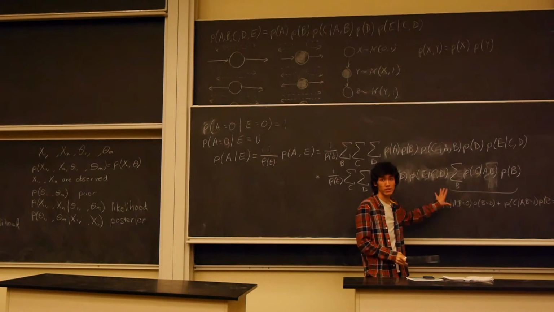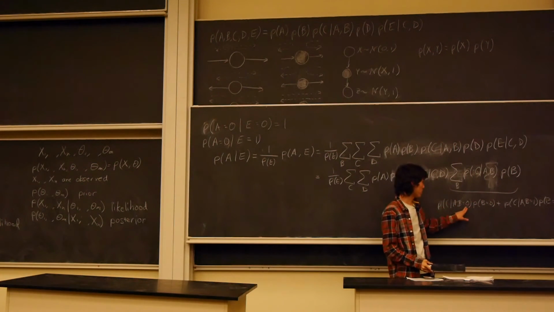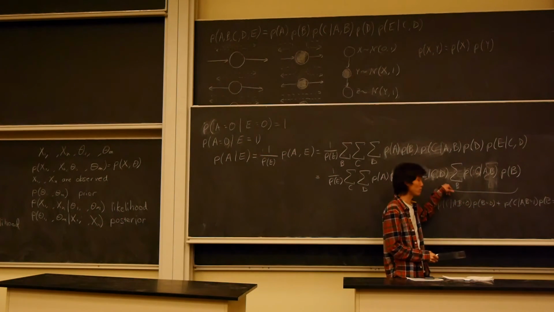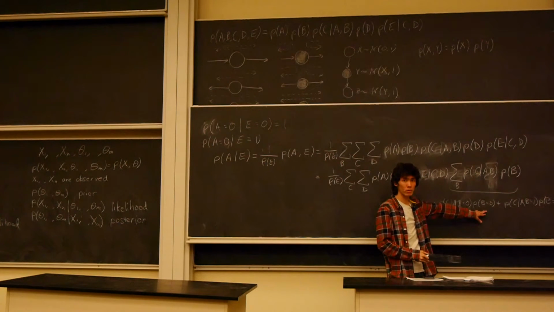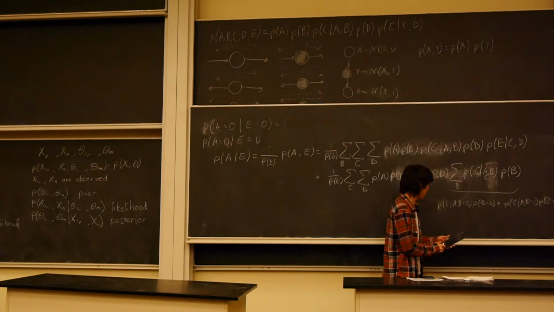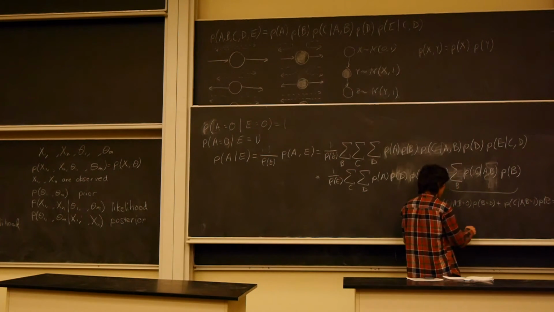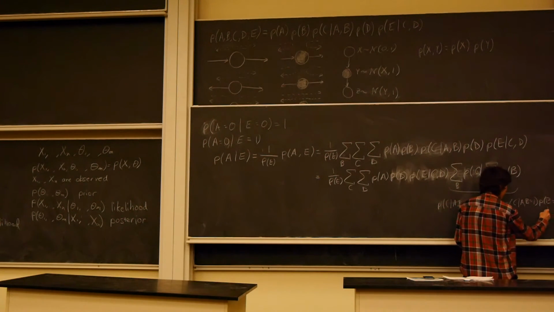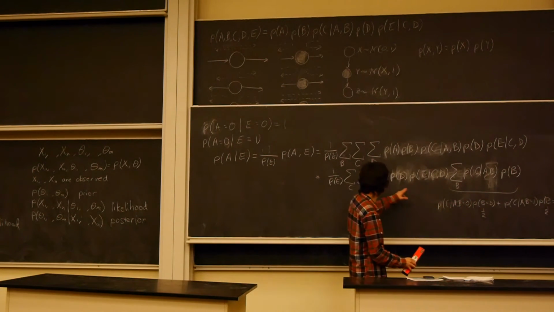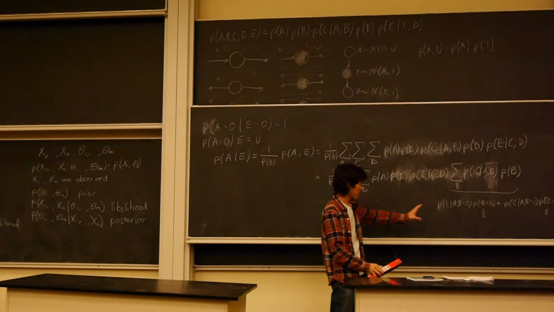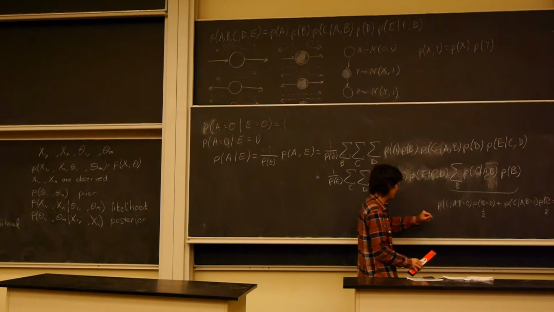Right, I'm just writing out the sum here, and I'm substituting in the possible values of B, because this is a sum over the values of B. And B equals 0, B equals 1. And what's the probability of B equals 0 and B equals 1? Yep, 1/2. So these I can't really compute yet because I have the sum over C here, but this is good enough for now.